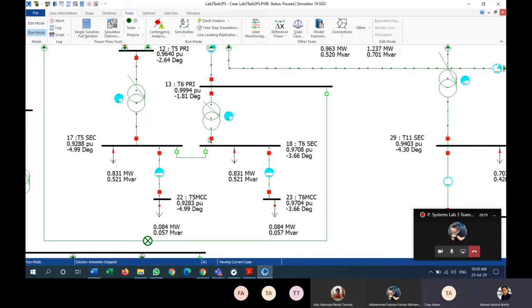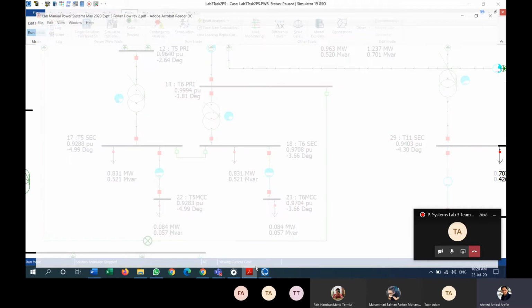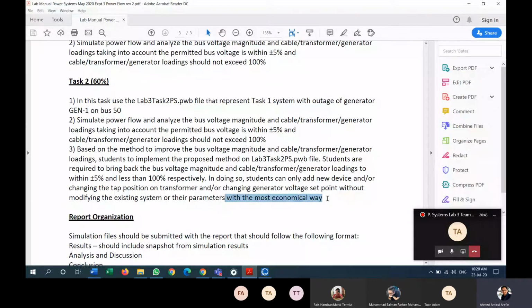Capacitor. Yes, shunt capacitor, the shunt compensation. Yes, the correct answer. So you can improve by using a shunt capacitor, but I don't know if it is economically feasible or not, because you have to study it, since they also said it should be done in an economical way.